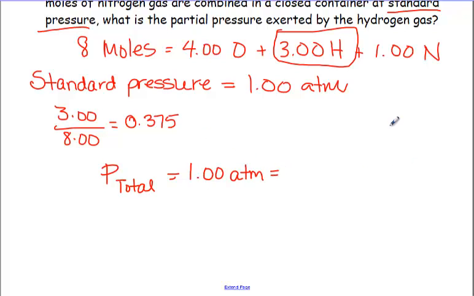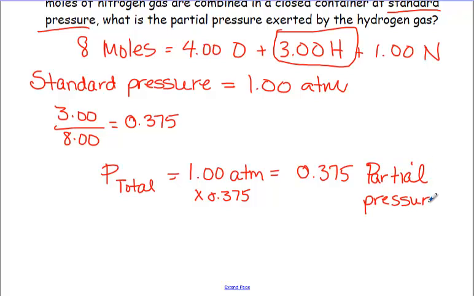And then if we actually do this out, 0.375 is going to be your hydrogen, because we need to multiply this by 0.375 like we did in the previous example to give us the partial pressure of the hydrogen. And if we want to double check ourselves, we can go in and figure out everything else.